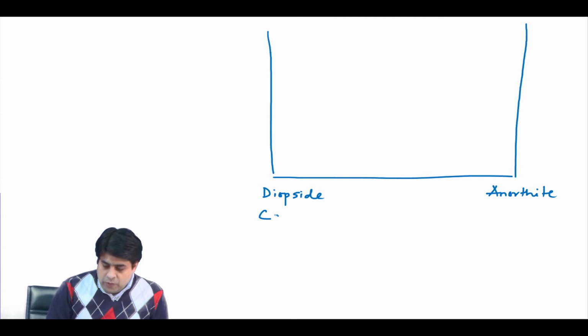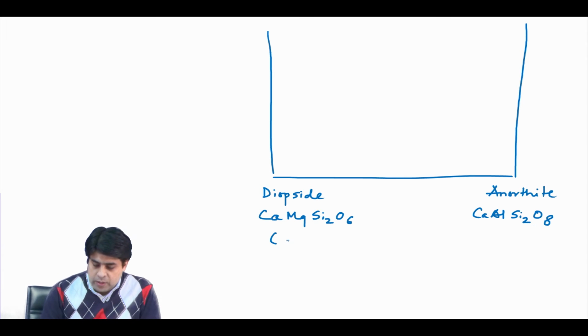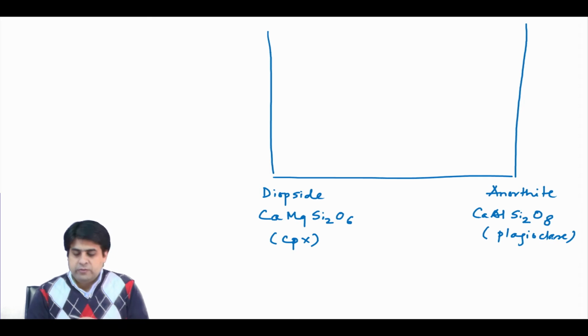The formula of diopside is CaMgSi2O6 and anorthite is CaAl2Si2O8. Okay. This is your clinopyroxene and this is your plagioclase feldspar.